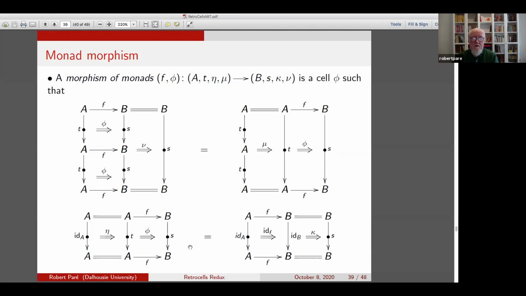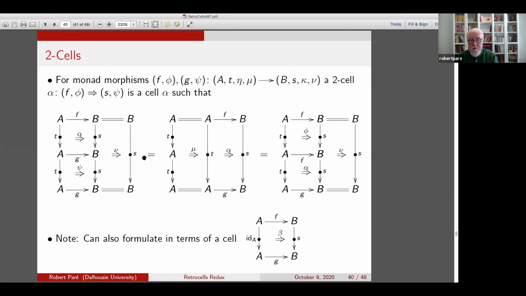You only have one possibility, a cell going from T to S. So you have the F going from A to B in the cell, and then these respect multiplication and identities. So this is what a morphism of monads is. It's just translating Street's definition.